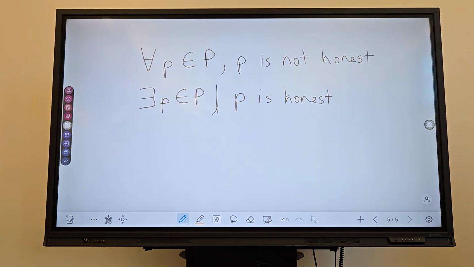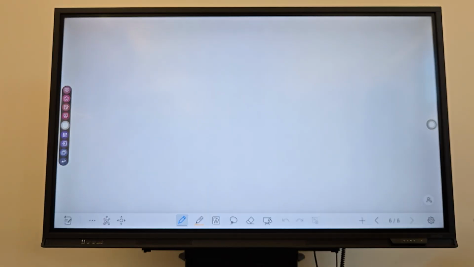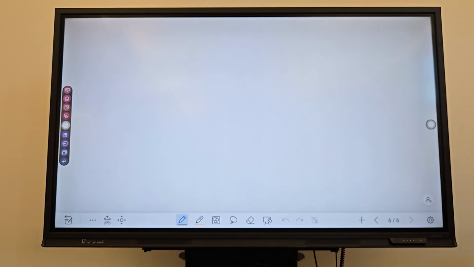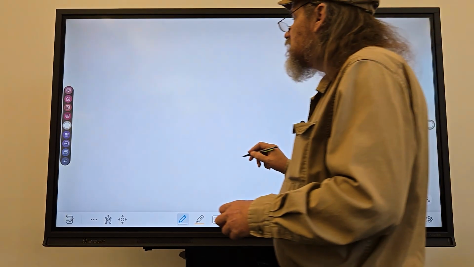But negations of universal conditional statements. The form of negations of universal conditional statements can be derived from facts that have already been established. Let me go ahead and write that.